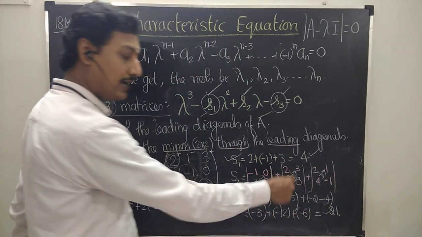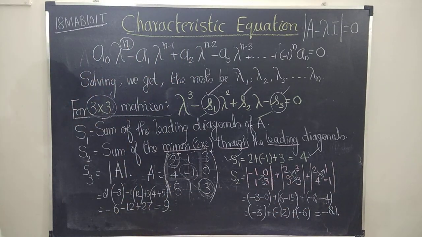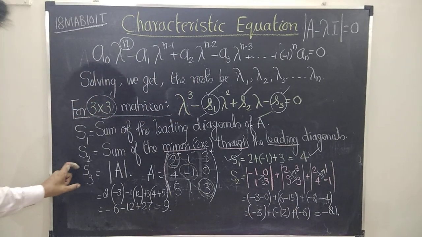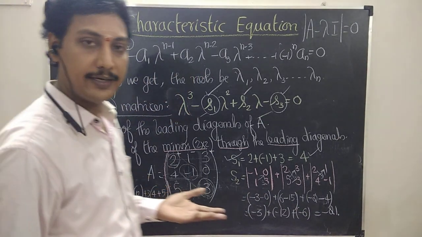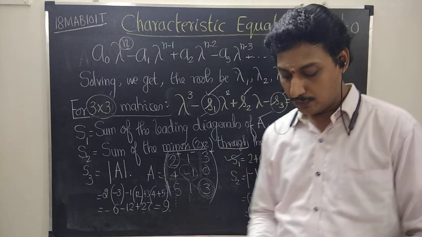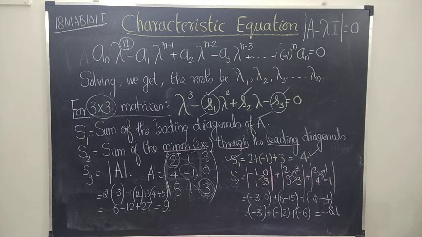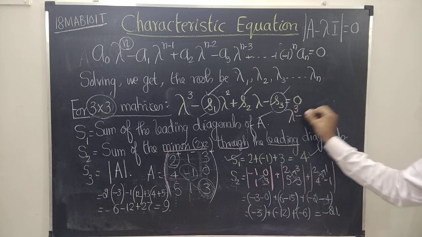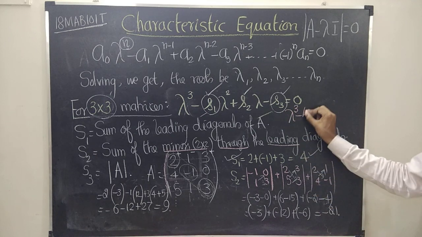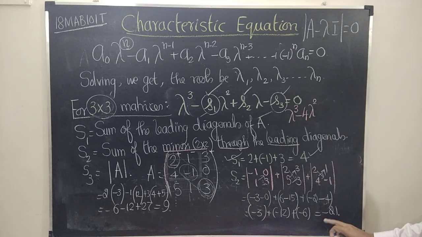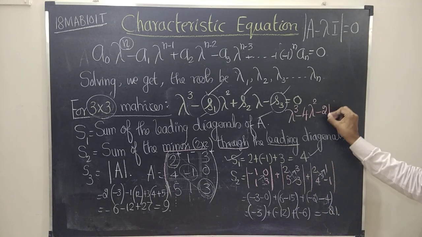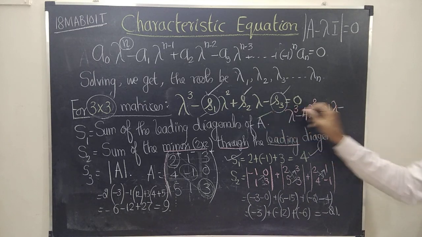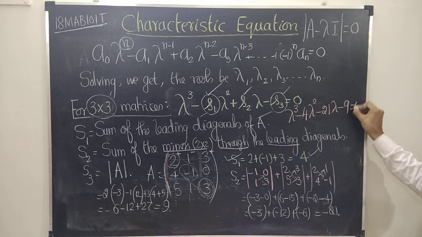Let us compute this value. You already know how to compute a 2 by 2 determinant, so that gives the S2 value. What about S3? S3 is the determinant of the matrix. After getting all these values, let us substitute here. The cubic polynomial is lambda cube minus S1, which is 4, so 4 lambda square, plus S2, which is minus 21 lambda, minus S3, which is 9, equal to 0.